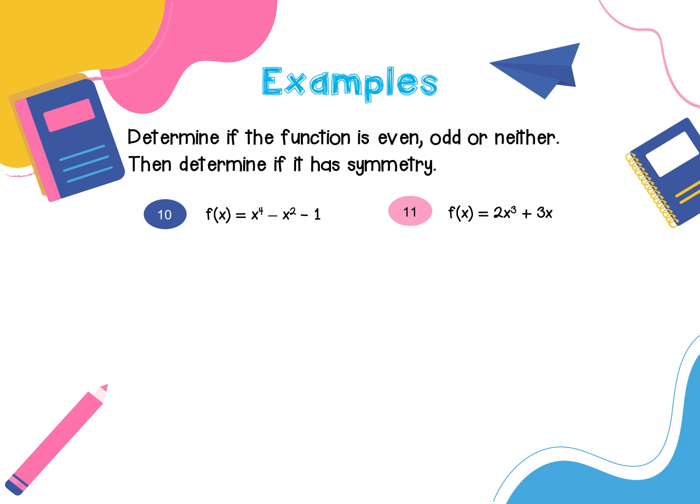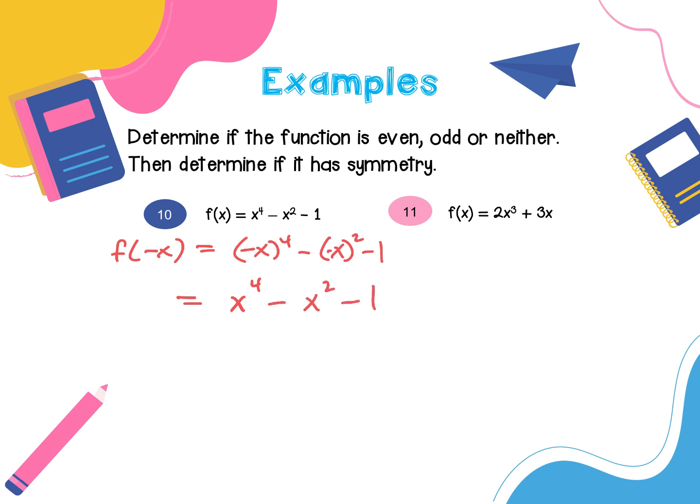So again, to do this, we're going to make x negative. So negative x to the 4th minus negative x squared minus 1. Now we need to follow order of operations, so don't try to take care of that middle term and do the sign flip. Do the exponent first. So again, remember, whenever a negative number is raised to an even power, it becomes positive.